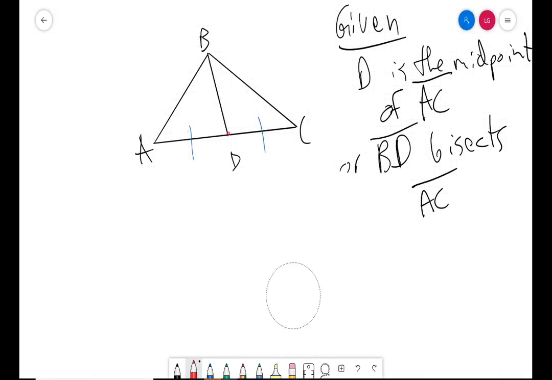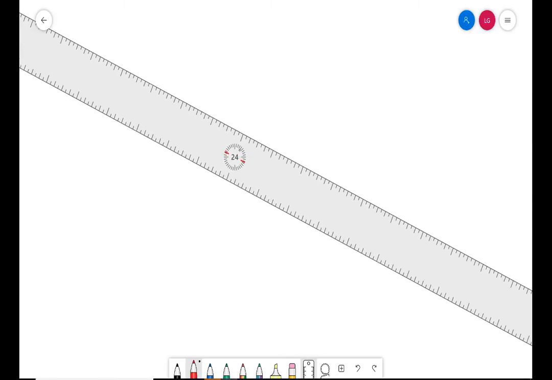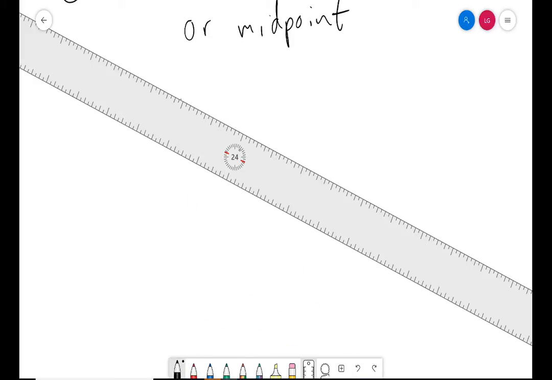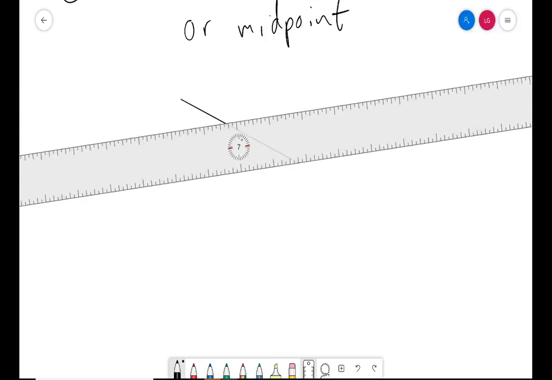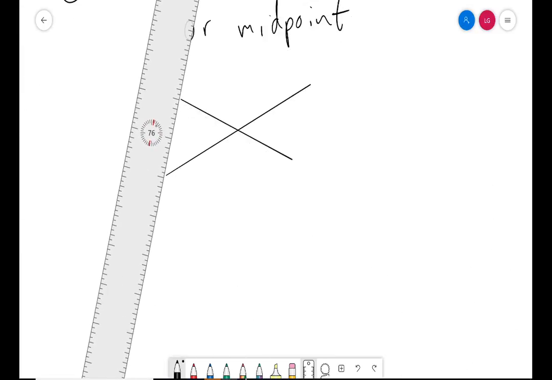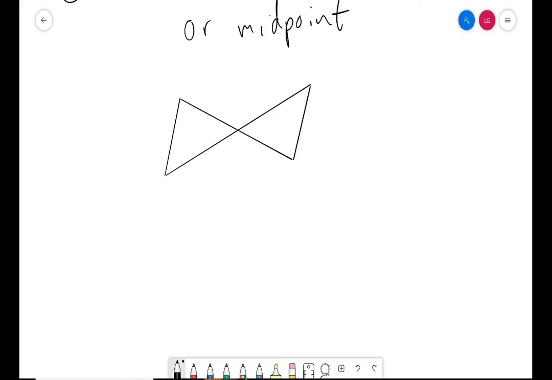So let's do a proof or two to wind out the day. Okay, a little setup with some labels here.